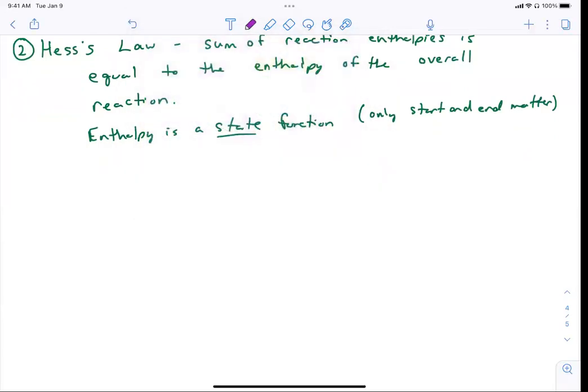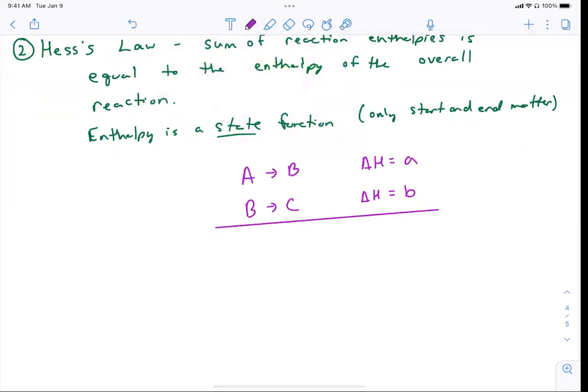So what that kind of means is that if A yields B, and that's the delta H of A, and then B yields C, and that's the delta H of B, what that tells you is that if you add these reactions together, A yields C because the B's cancel out. Because substances on opposite sides of the reaction can cancel out or simplify.